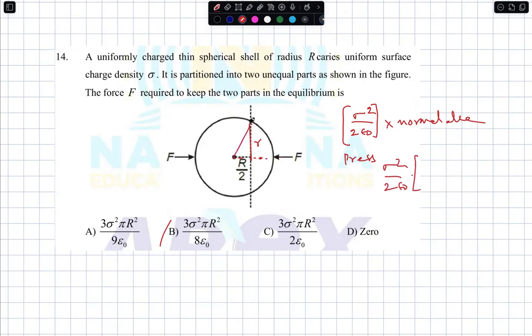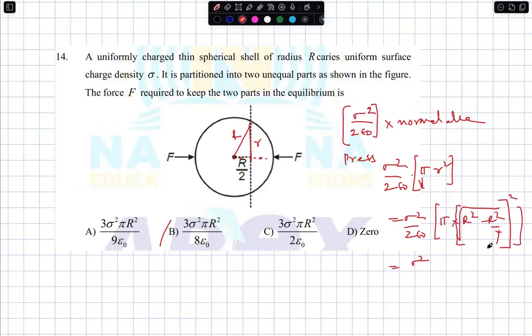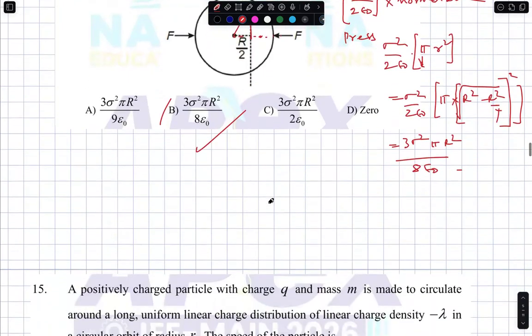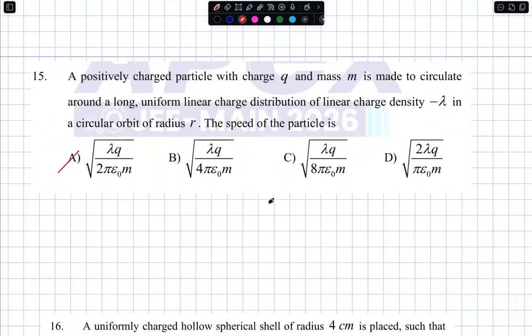It is nothing but the under area you are asking, pi R square. So sigma square by 2 epsilon naught times pi into R square minus under root of R square by 4. So this will become sigma and square of this. So this will become 3 sigma square pi R square by 8 epsilon naught. Correct. 14th question.